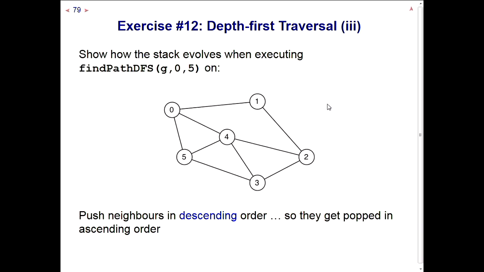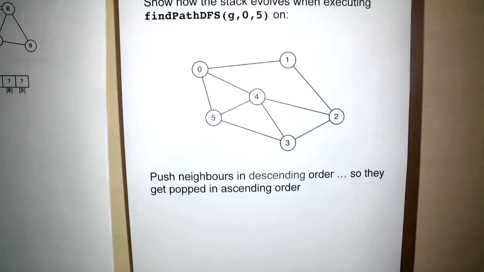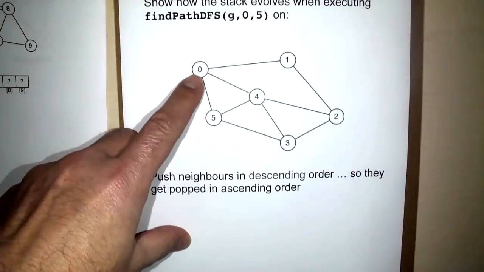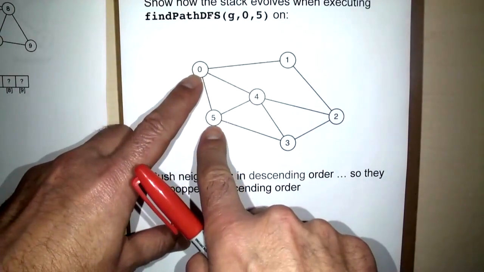Now let's look at a quick example to see how the stack evolves and to understand that this is exactly the same algorithm, well, not the same algorithm, but the same method as the one that we had with a recursive definition. Now here we want to find a path from 0 to 5. So source is 0, destination is 5.